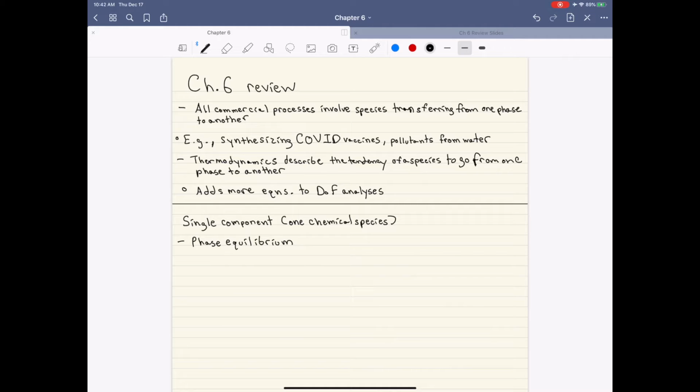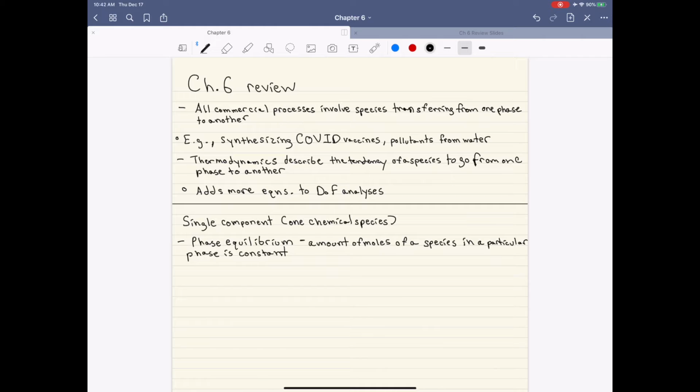Whenever I say this, what I mean is that when we're at phase equilibrium, the amount of moles of a species in a particular phase is constant. Okay?